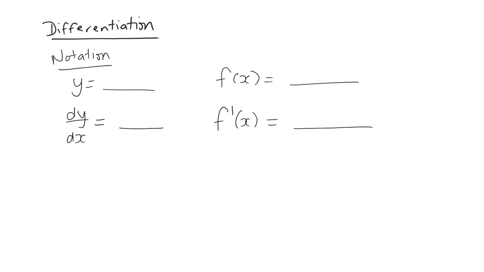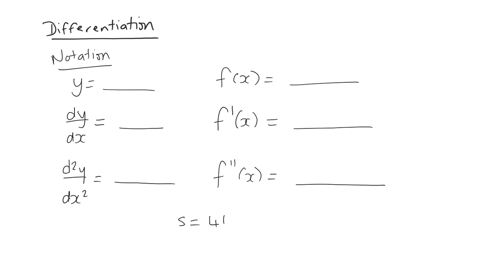This is called the first differential. If we differentiate again then, it's called the second differential. And that would be the notation. You can also get different letters, like just because we normally use x and y, because we're normally talking about graphs and that sort of thing, you can also get, so for example, s equals 4t squared plus 3t.